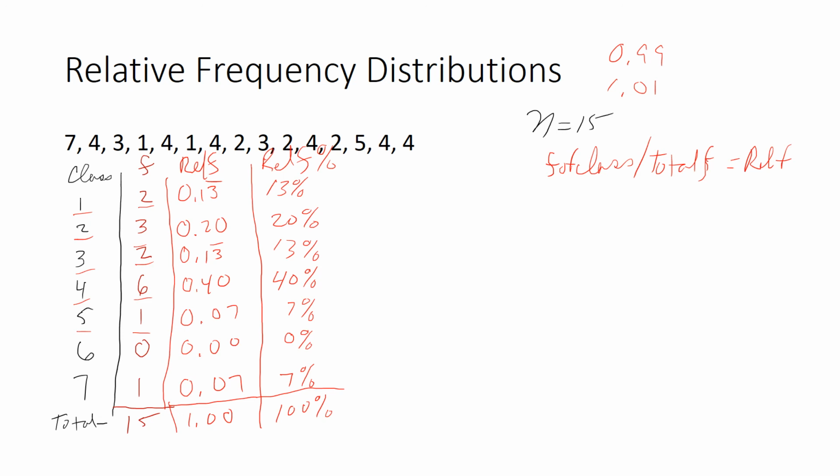For example, we know that of the sample we've taken a look at, 40% of these people come from a family with 4 children. That's a lot. 20% come from families where there are 3 children in the family, and so on. And it's at a glance. So that's relative frequency distribution. In the next video, we'll take a look at cumulative frequency distributions and what those can tell us.